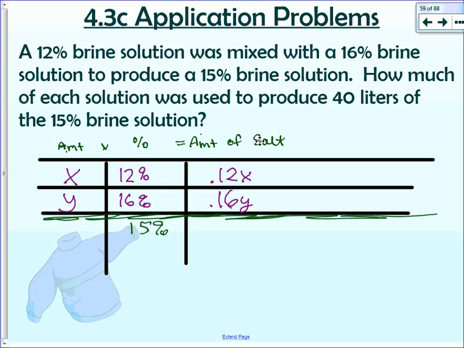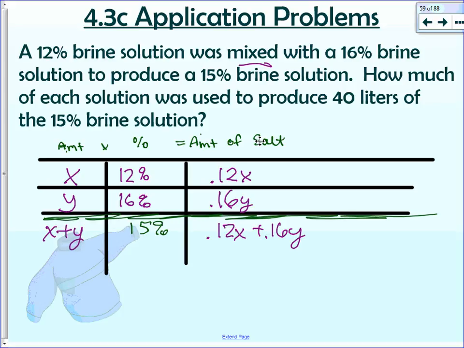Now the amount is x plus y, because the amount of one solution was mixed, so this is x plus y. And then the amount of salt, what we can do is add up this way, 0.12x plus 0.16y.